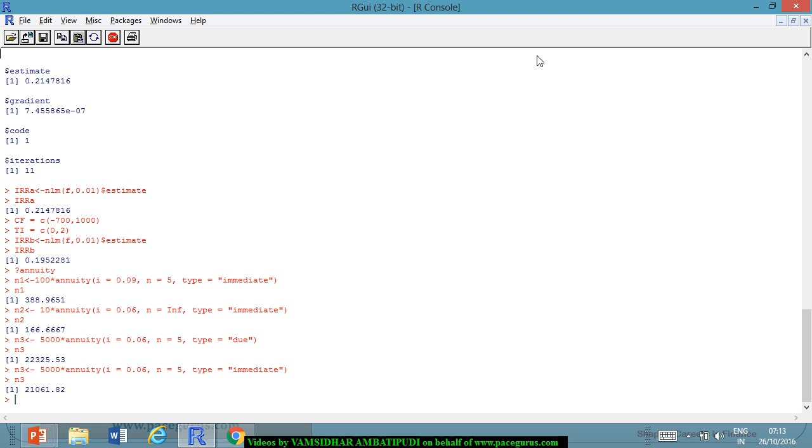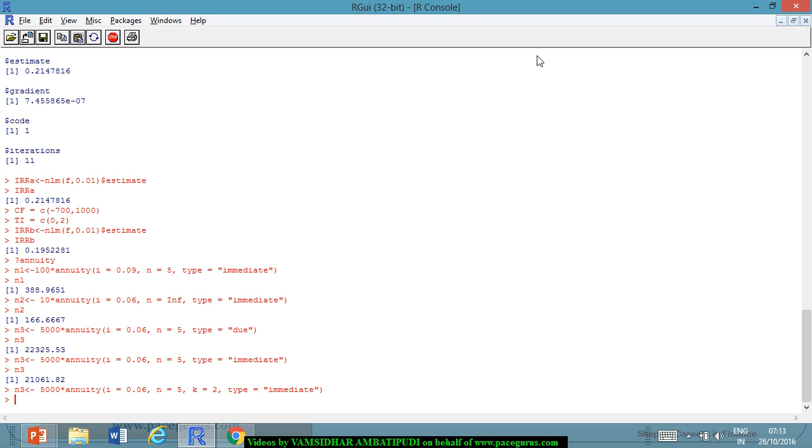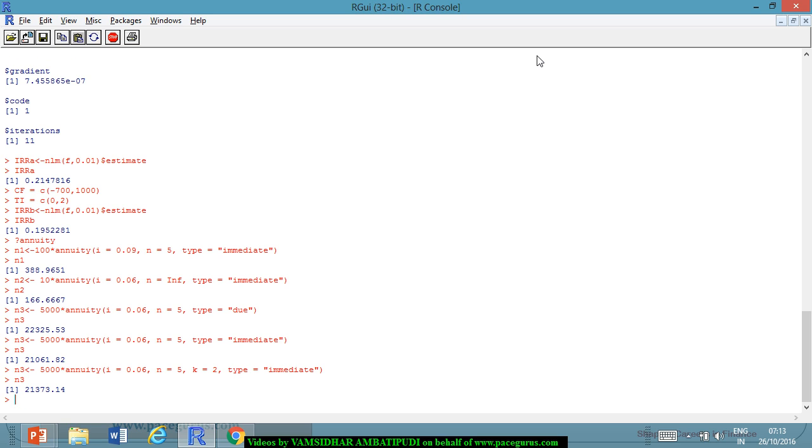Now even if you just extend it by giving a few more things, I say K equal to 2. Let me just set K equal to 2, which means the payment is happening twice in a year. In this case, you have to deposit 21,373, which means every 6 months the payment is getting made now.